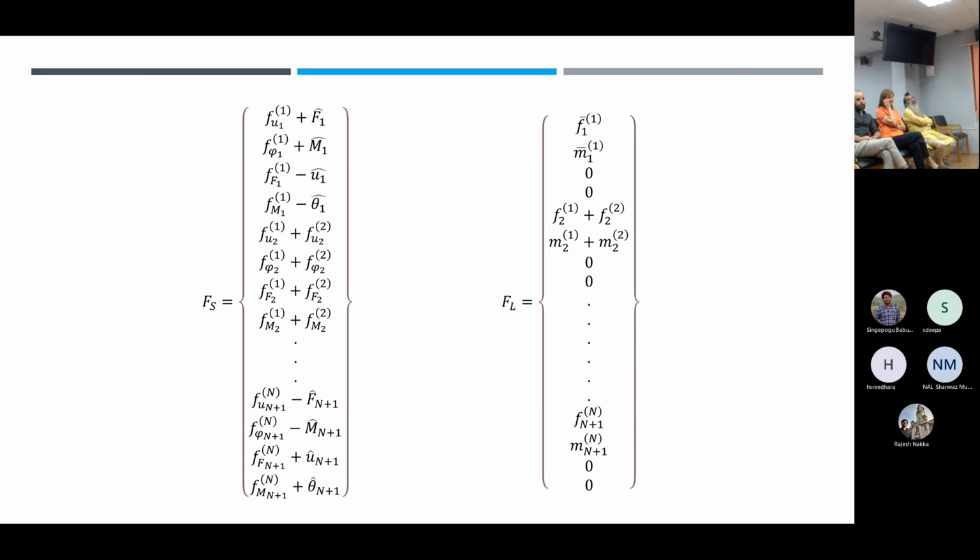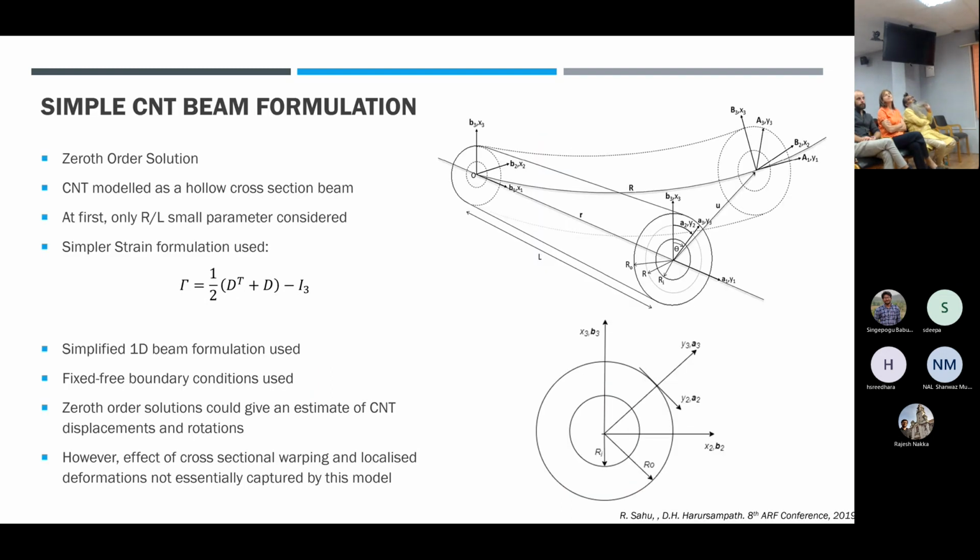So this is a basic structural and load operator matrix for a complete set of n number of elements. We can specify what kind of boundary conditions, forces and moments we want, and using that we can obtain our displacements and rotations.